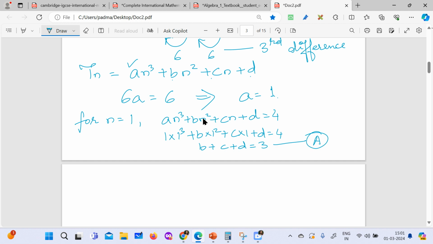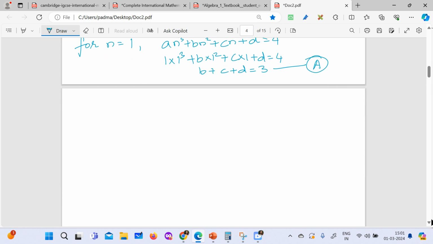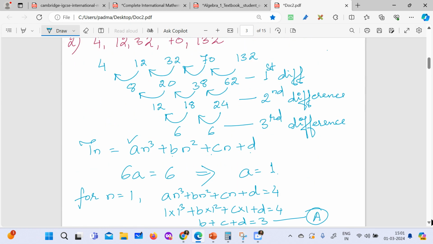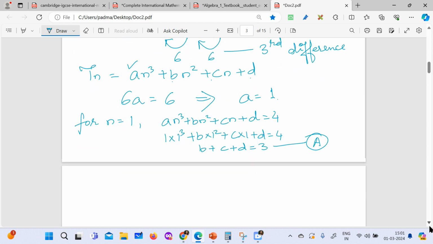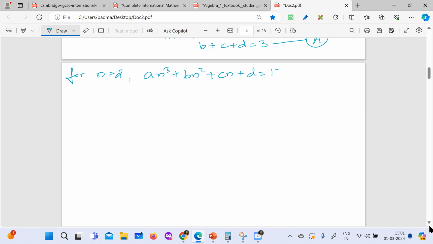Okay. Now let's do for n is equal to 2. For n equals 2, so a n cube plus b n square plus c n plus d equals 12. Again, I will substitute all the values. So a is 1 and now n is 2.